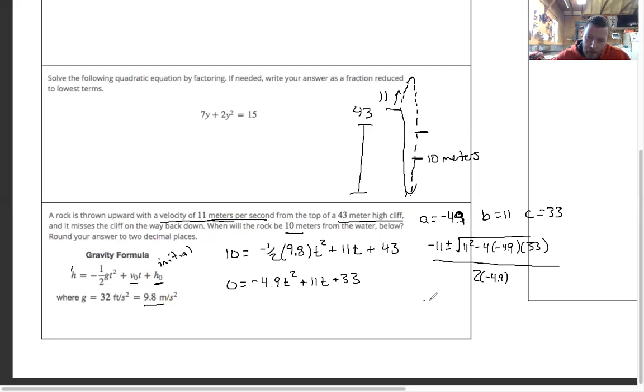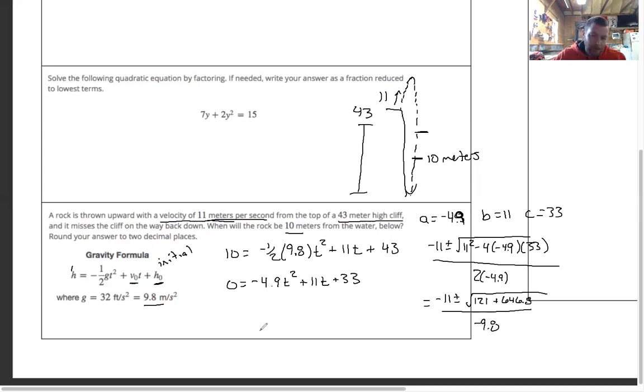Do the math: -11 plus or minus radical 121 minus 4 times -4.9 times 33, which is 646.8. And notice it's minus a minus, so this becomes a plus 646.8, all divided by 2 times -4.9, which is -9.8.